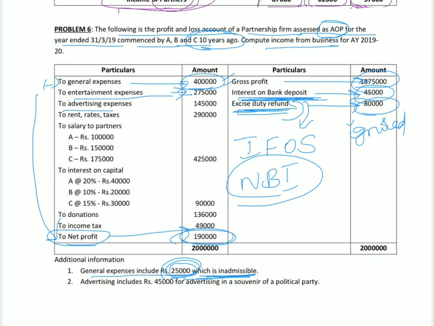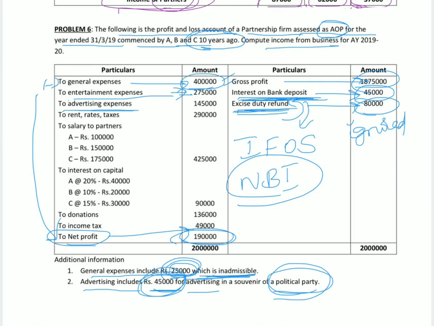Now the next point is advertisement expense. Advertisement expense is related to business. But in the adjustment, they have stated advertisement expense includes rupees 45,000 for advertising some political party. So they are not promoting their business or their goods, but they are trying to promote some third party, and hence the value to the extent of 45,000 will be treated as inadmissible.